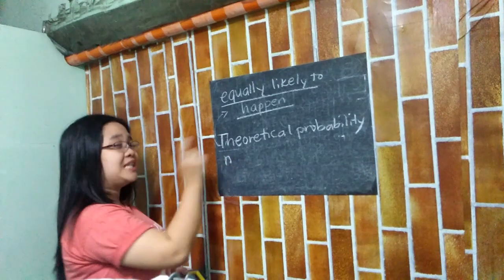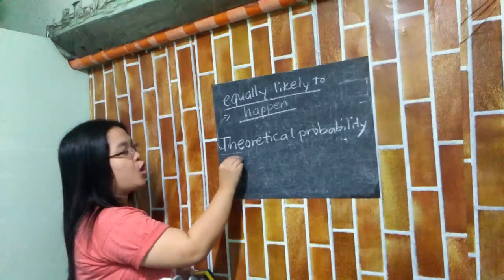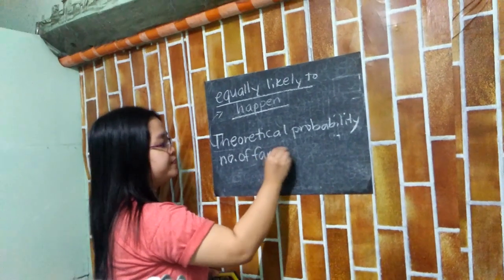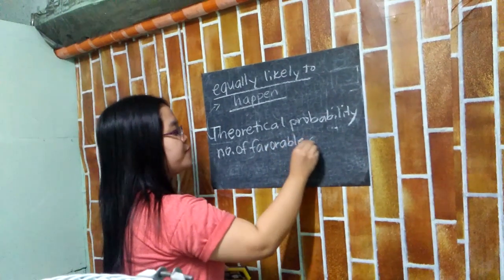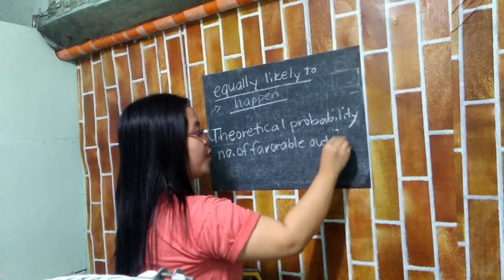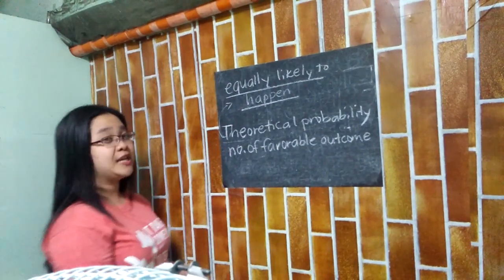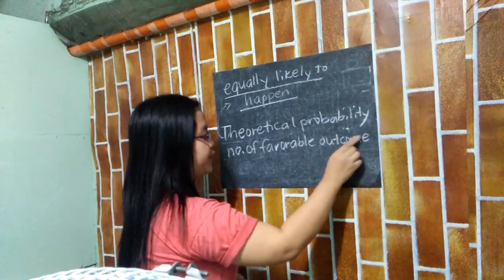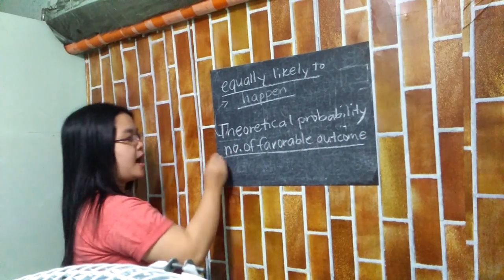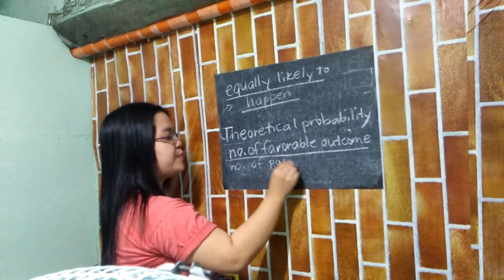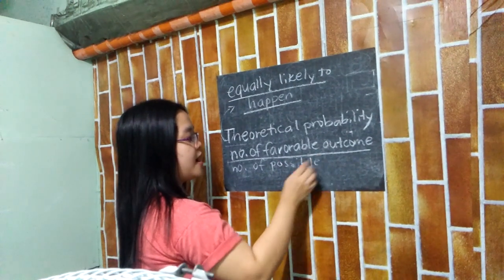On top, we have the number of favorable outcome, which is the event or outcome that you wish to happen only, over the number of possible outcome.